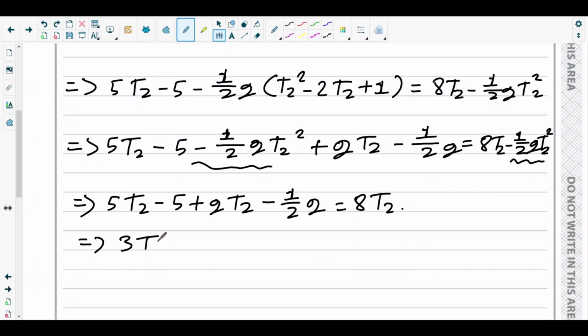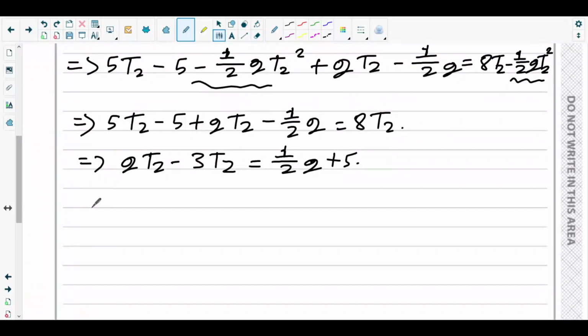So 3 times t2 on the right side is equal to g times t2. Then gt2 minus 3t2 equals half of g plus 5.